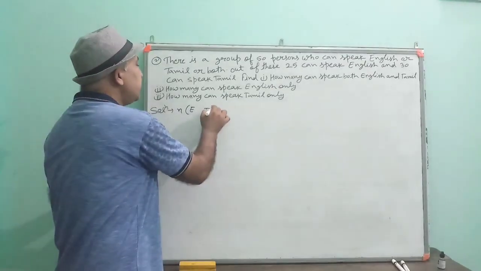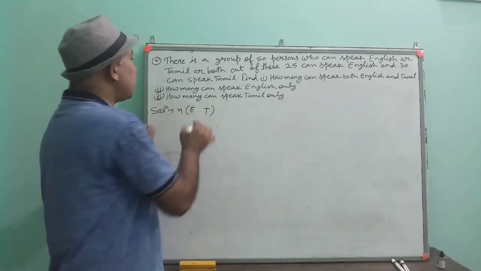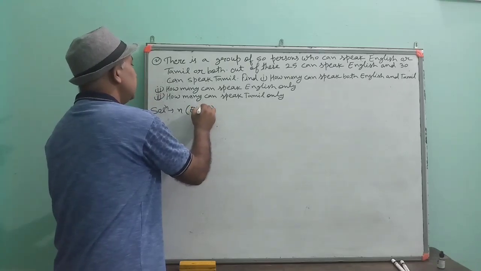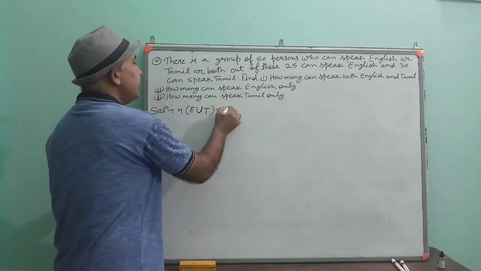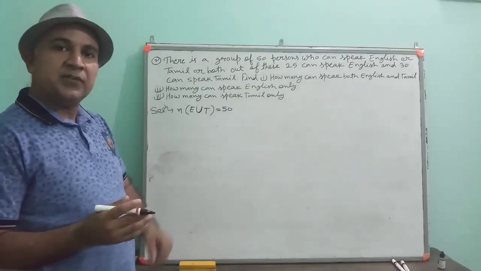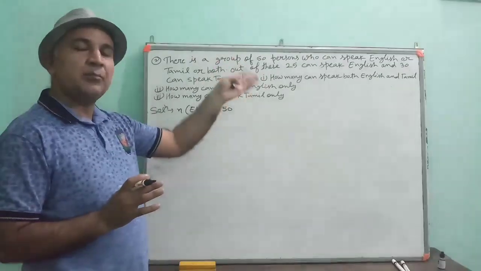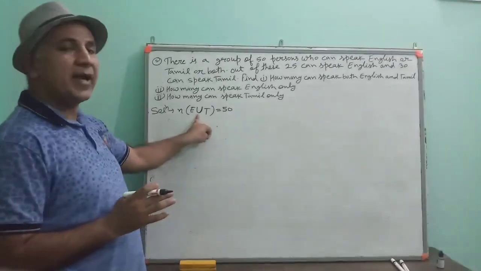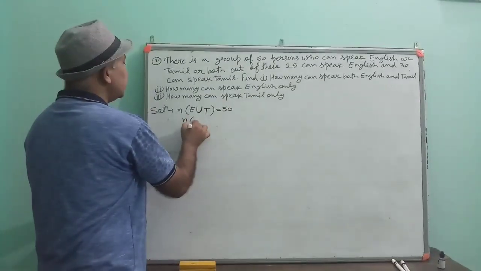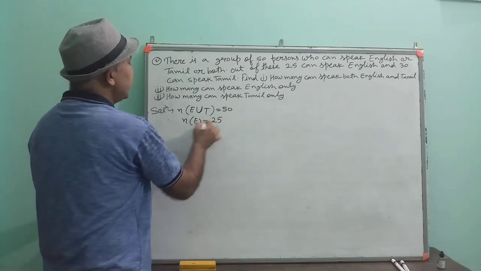The number of people who can use English, Tamil or both will be the union. It is given 50. This point you have to learn: if people are using either English or Tamil or both, it will be represented by union. The people who can speak English will be represented by n(E), this is 25.